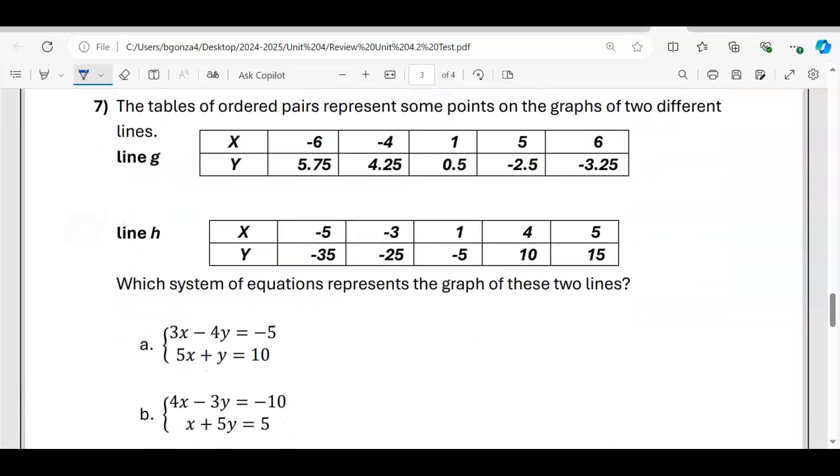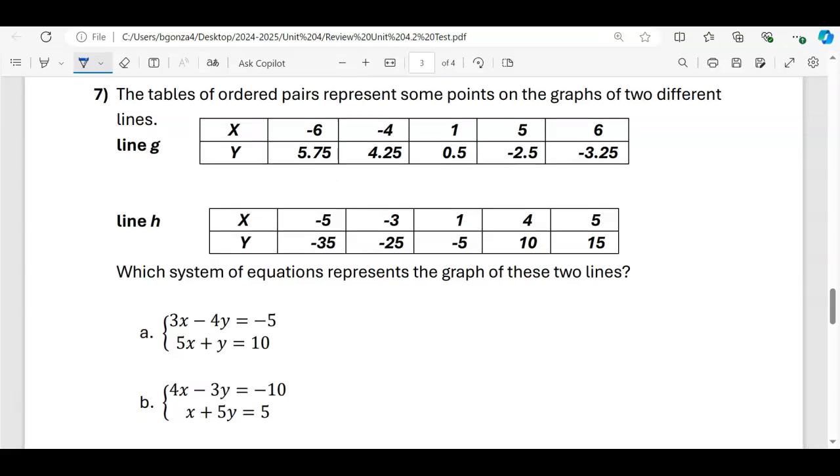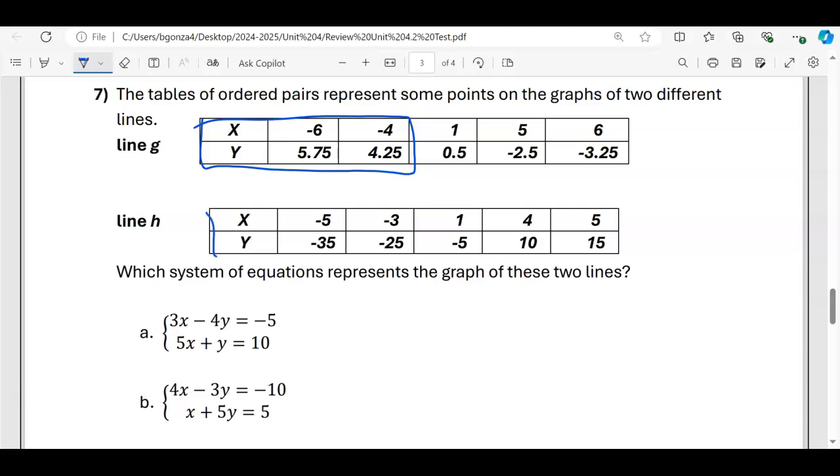Number 7. The tables of ordered pairs represent some points in the graphs of 2 different lines. Okay. Which system represents the graph of the 2 lines? Well, let's take each of these tables and get some linear equation. Now, if you remember, since these are linear, you only need to do 2 points. Okay.